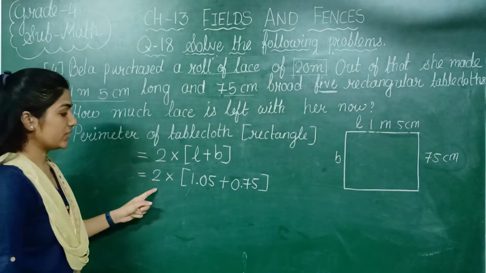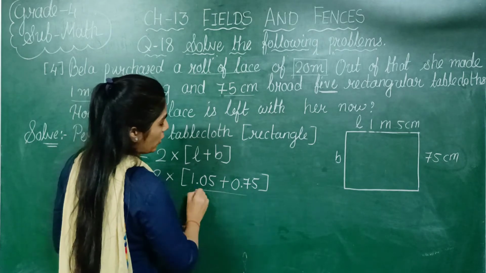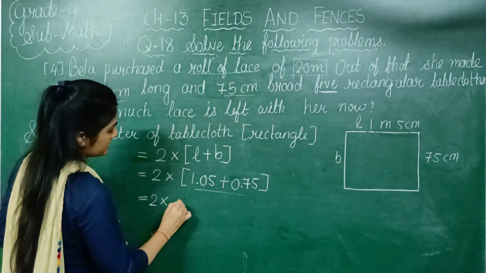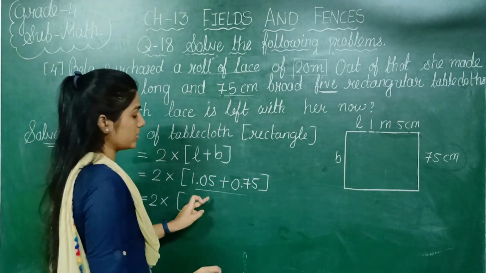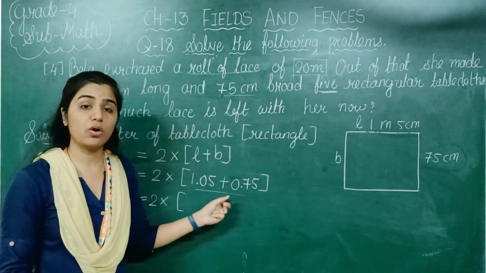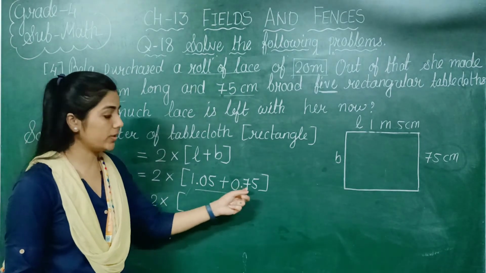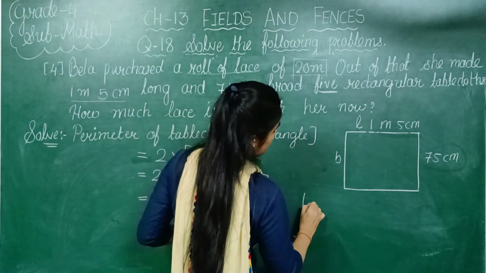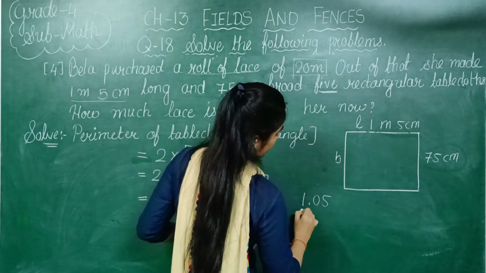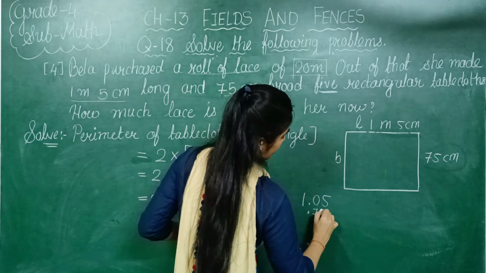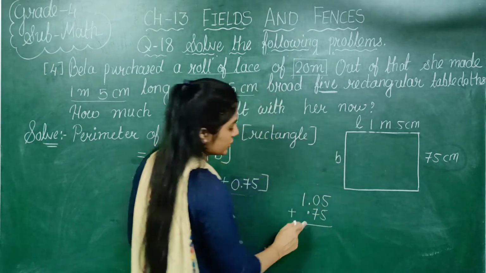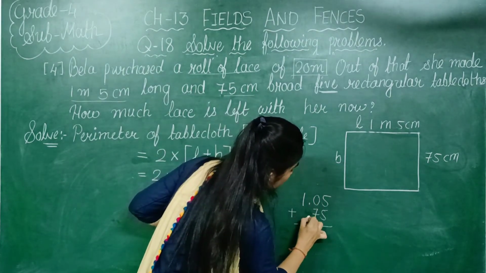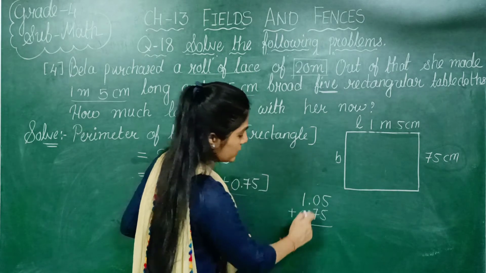Now first of all we have to add these two numbers. This is the addition of decimal numbers. You have to do the addition like this. See, the point should not be displaced. You have to put this point exactly below the point.